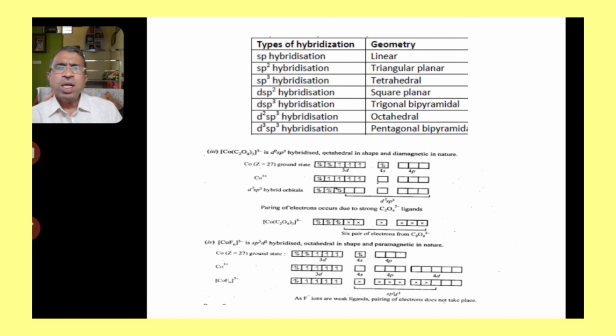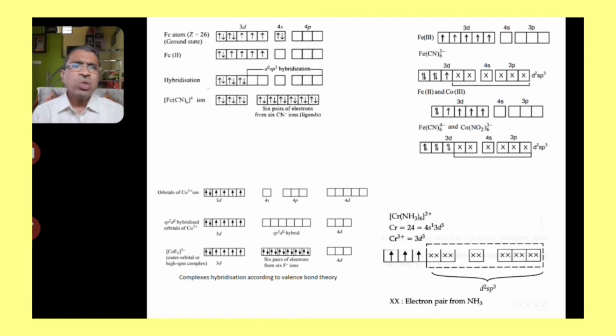So students, you must be able to draw diagrams like this. You have to practice these things. Here also in this slide I have given the complexes which I have explained and how this explanation can be given in another way, in a diagrammatic way. Here I have shown it.